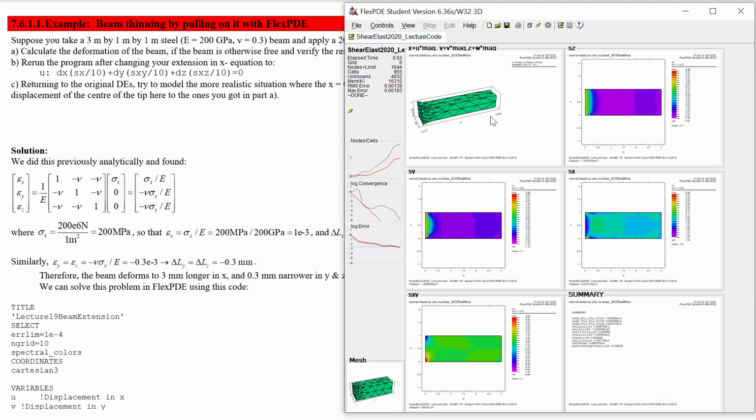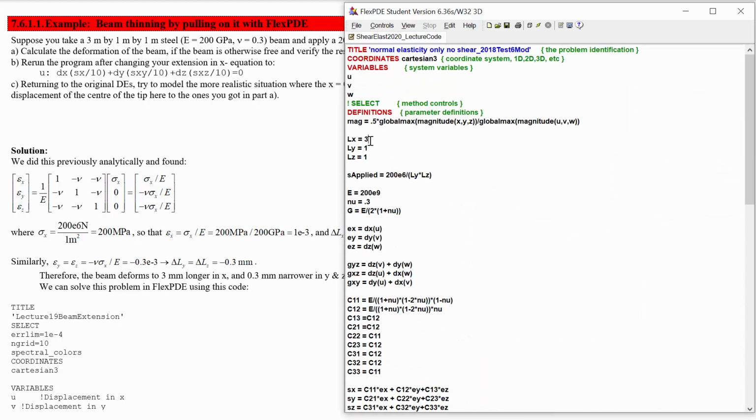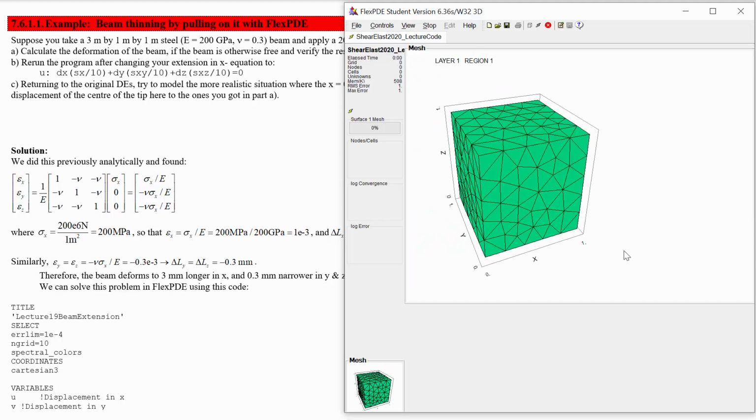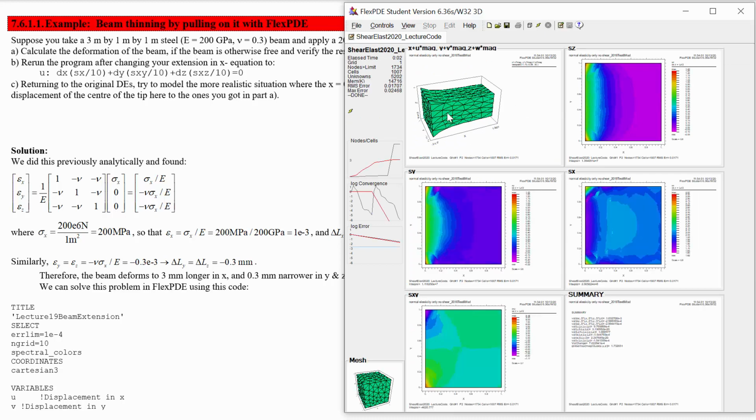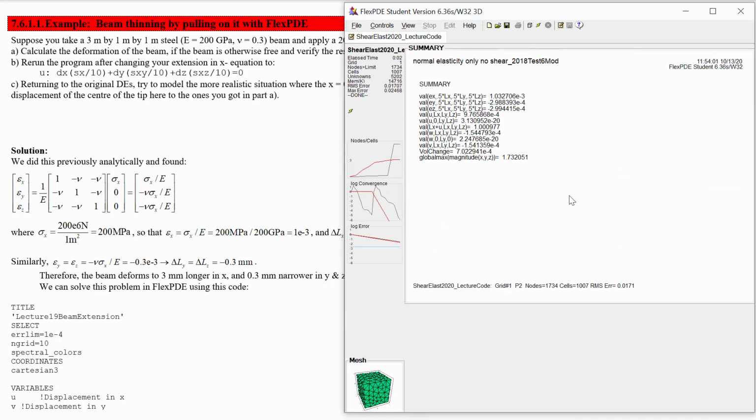What do you think would happen if we made it a shorter beam? So instead of 3 meters long, we had a beam which was only 1 meter long. Well, the expectation is that we would have 1 millimeter of displacement, but the anchor is probably going to make more of a difference because overall the beam is relatively closer to the anchor.